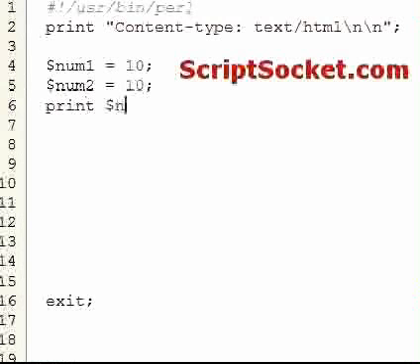If we print num1 and postfix the auto increment, this will do the auto increment after the value is returned, so this will print out 10.